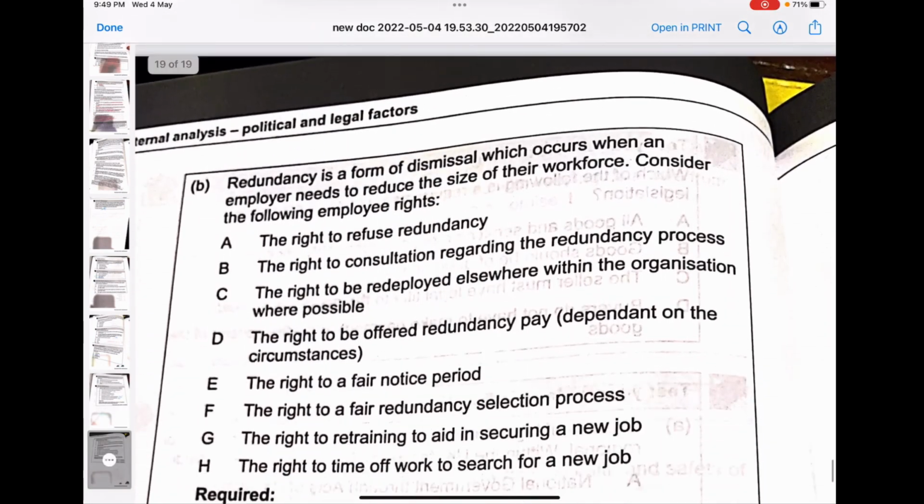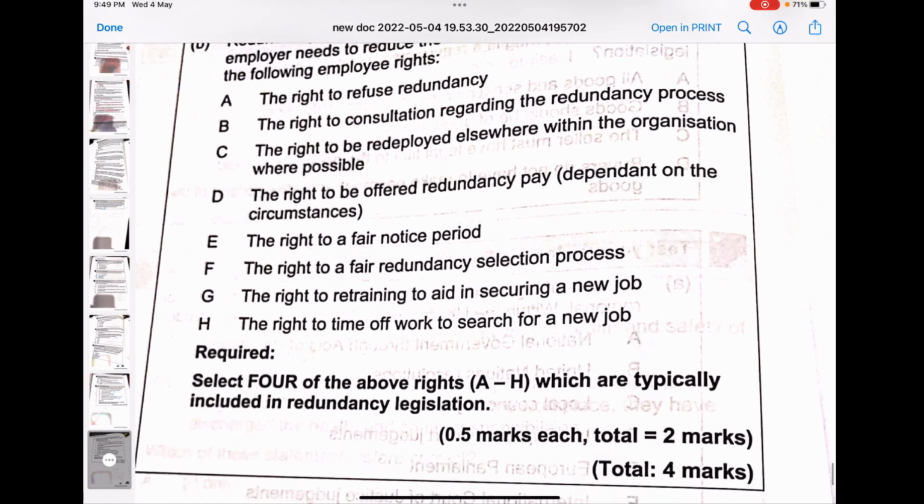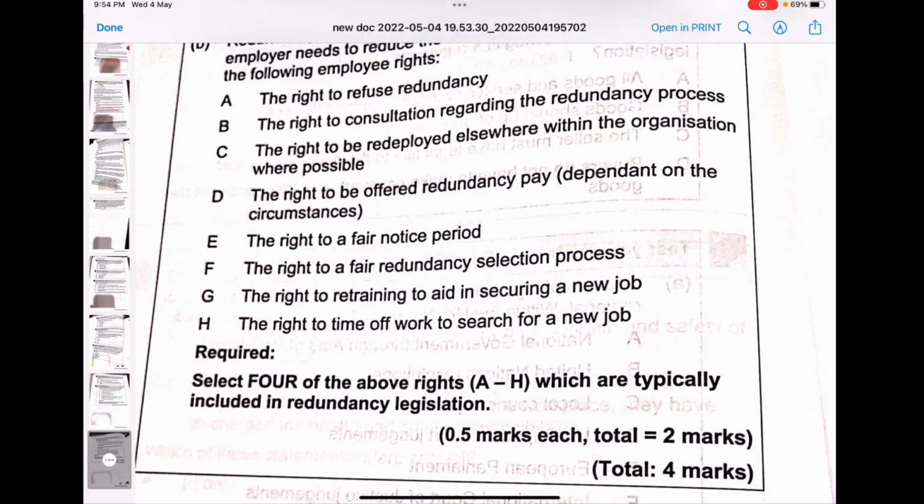Moving on. Redundancy is a form of dismissal which occurs when an employer needs to reduce the size of their workforce. Consider the following employee rights. Select the four which are typically included in redundancy legislation.